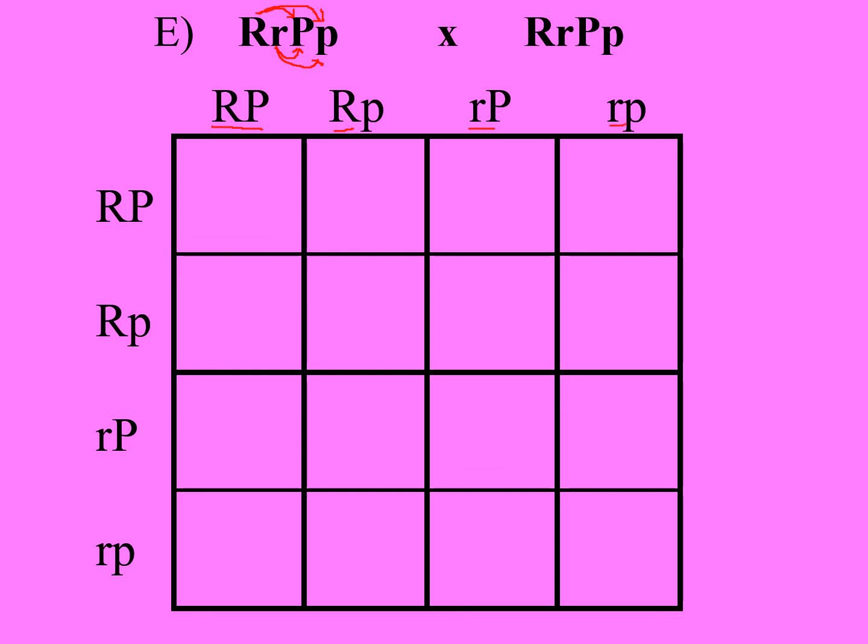So you could have capital R with capital P, capital R with lowercase p, lowercase r with capital P, and lowercase r with lowercase p. And then I've just repeated that same thing along the side here because this parent on the right is the exact same as the parent on the left. So using that FOIL method, first, outer, inner, last, gives you all possible gamete combinations.